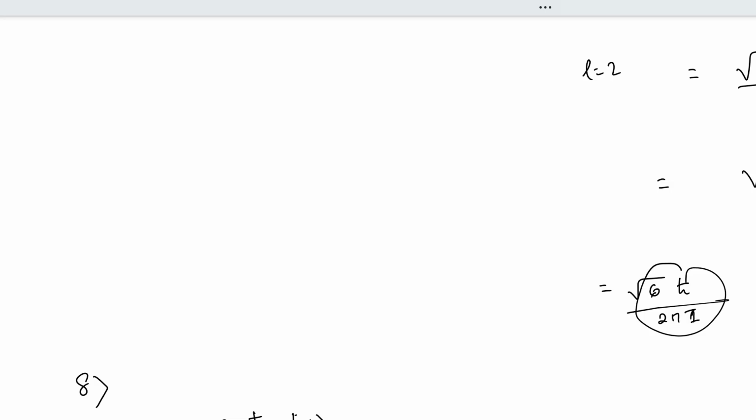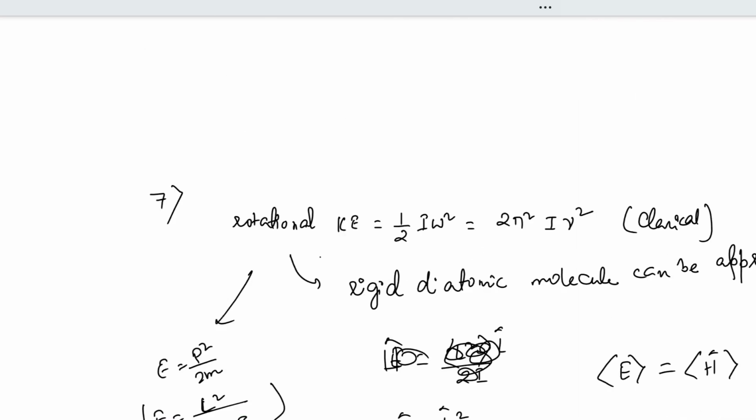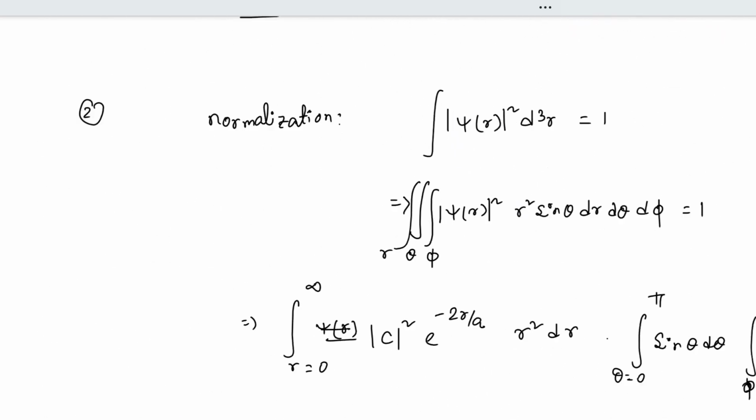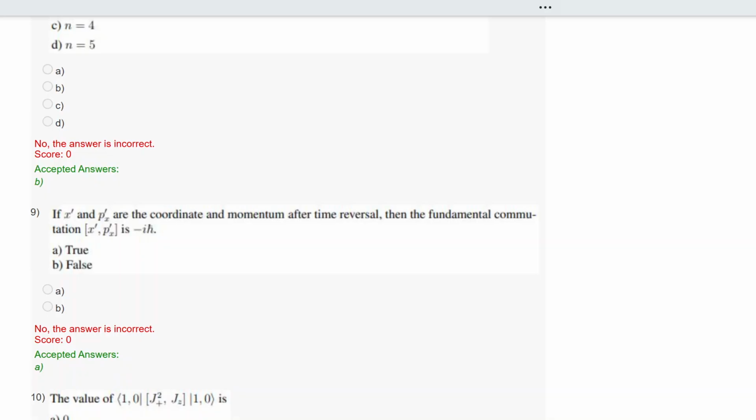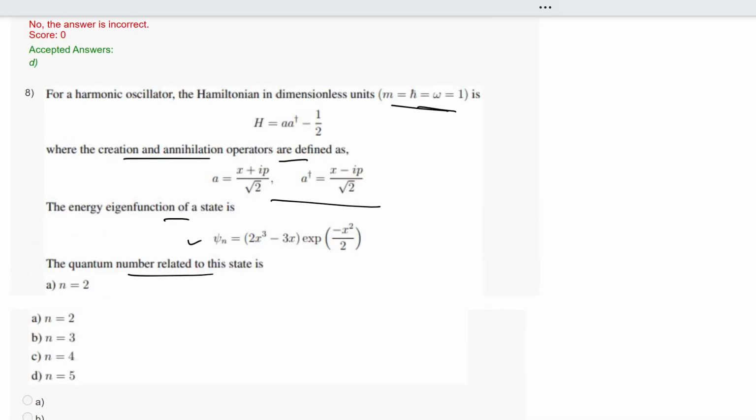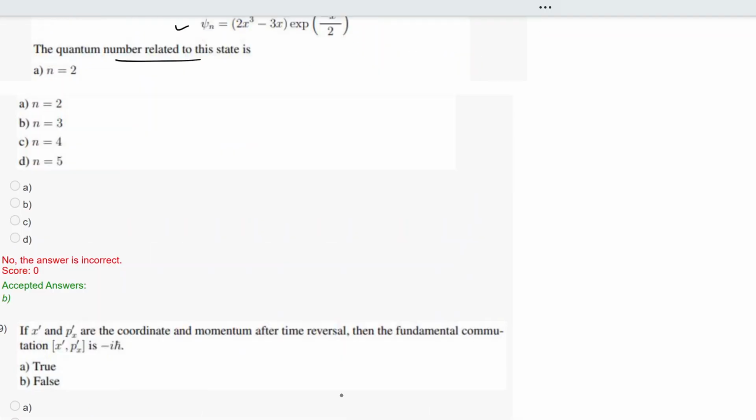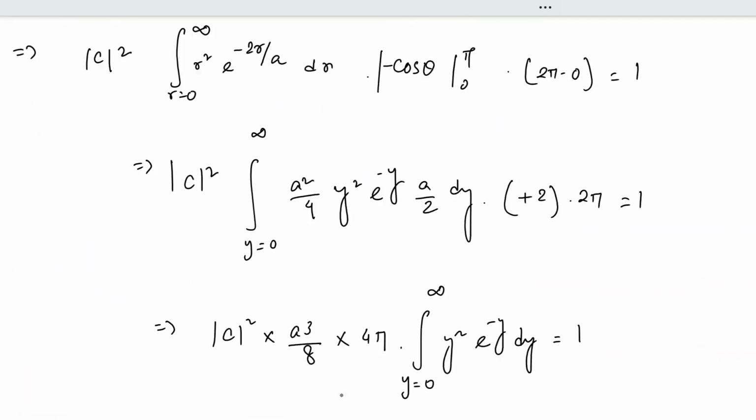I have just written down that this is a plus a dagger psi. So what is the form of a? The form of a is x plus ip by root over 2. The form of a dagger is x minus ip by root over 2.